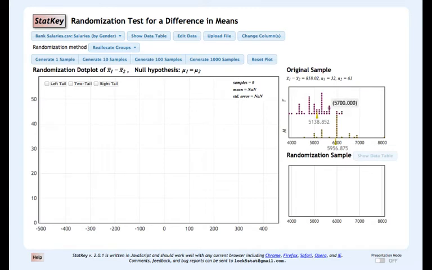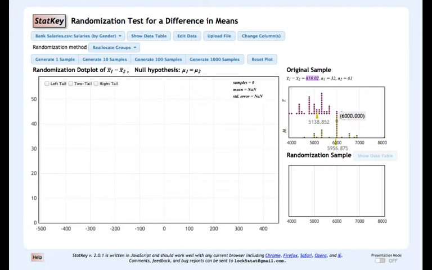I can see that the mean for females is 5138 point something. The mean for males is 5956 point something. It's higher, and therefore if I'm getting a positive value, this must be the mean salary for males minus the mean salary for females. So the first thing I need to do is just figure out what my dot plot is going to represent and which is sample 1 and which is sample 2.